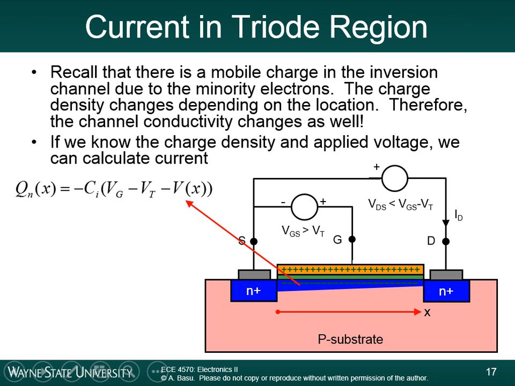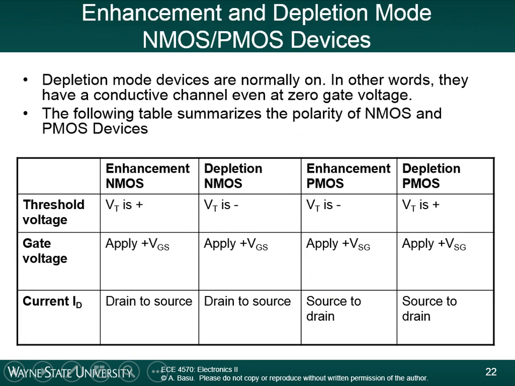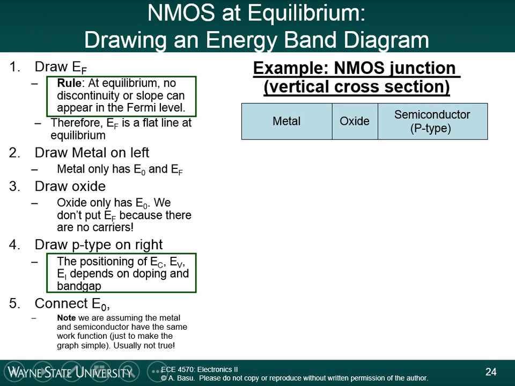Here, we're drawing the energy band diagram going in this direction, from the metal to the gate oxide to the channel underneath it. So notice that we've drawn the metal here, this is the oxide, and this is the channel right underneath the oxide. So this is a P-type semiconductor, the oxide is an insulator, and then the metal is metal.